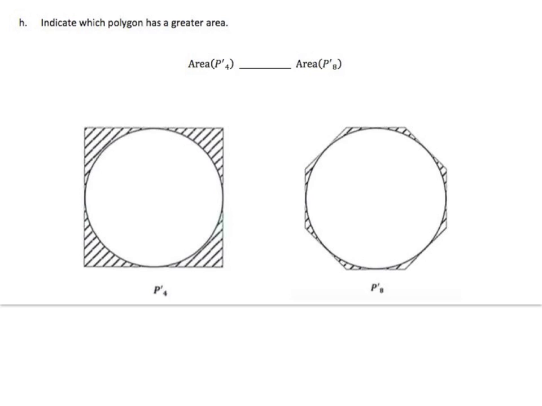Indicate which polygon has the greater area, the 4th or the 8th. Well, in this case, the 4 side has more area than the 8th. Just look at the shade. There's more shading with the 4 side than there is with the 8th.